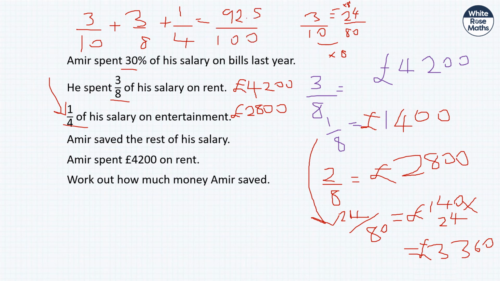So the remainder, guys, so 1 take away 0.925 is 0.075.